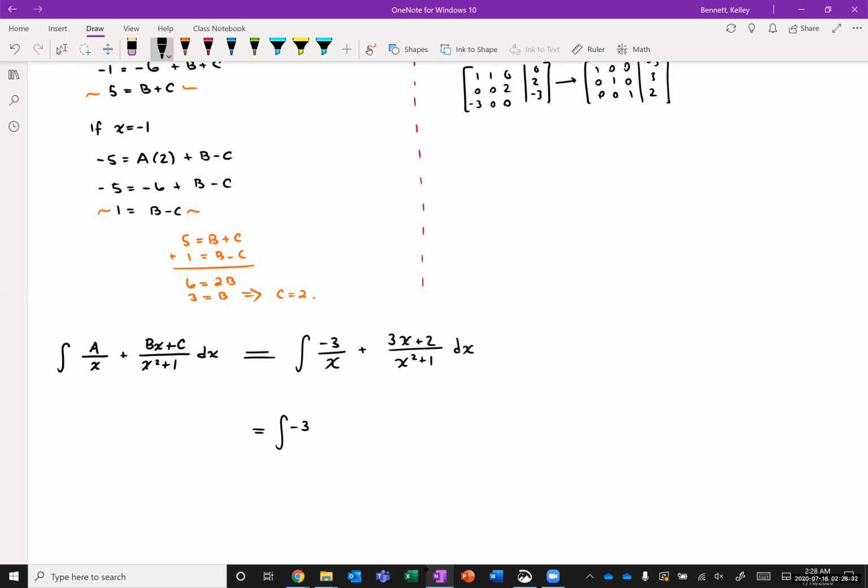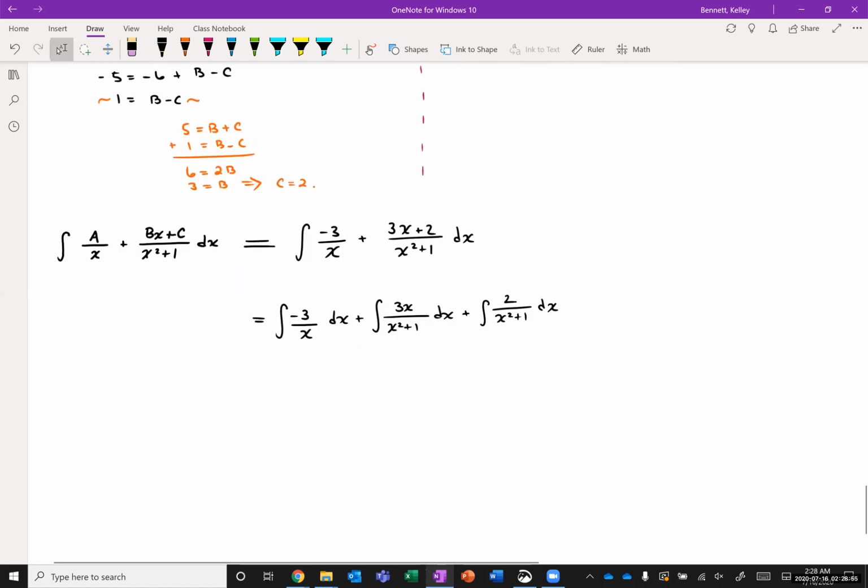Split this all the way up. The first and the last, I already know how to do those. Natural log, arctangent. You're supposed to know that.